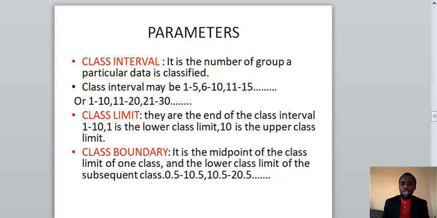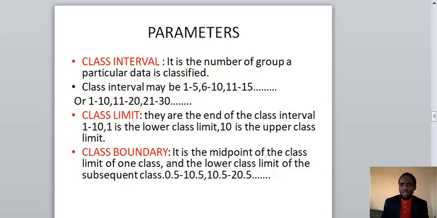Another thing we must look at is the class limit. The class limit is at the end of the class interval. When we look at it, the class interval, we said 1 to 10, 11 to 20, 21 to 30. The end of the class interval is the class limit. Here in that first one, 1 to 10, the lower class limit is 1, and we have the upper class limit as 10.